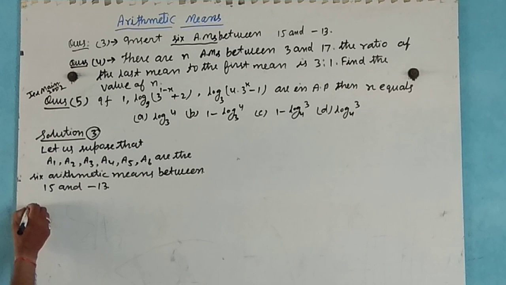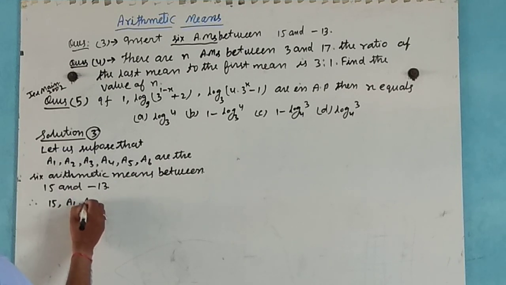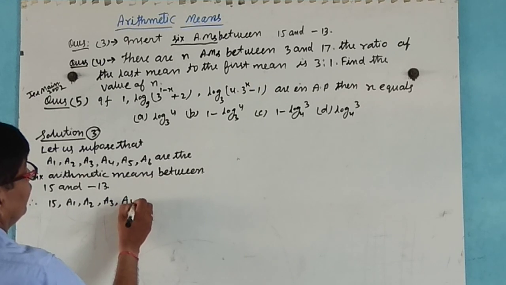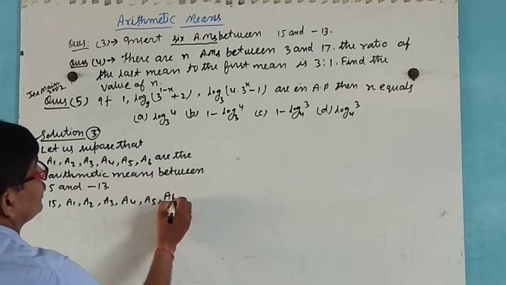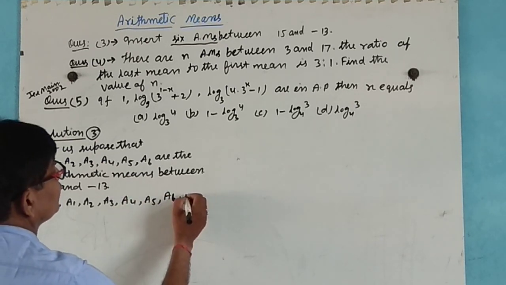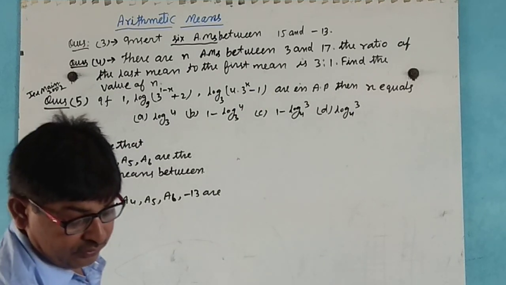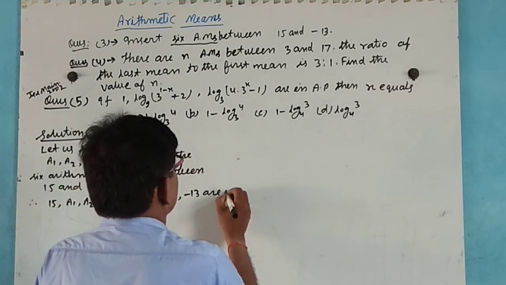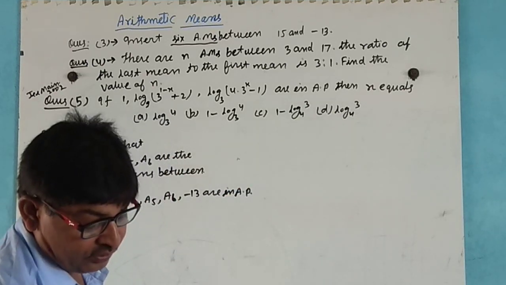So that 15, A1, A2, A3, A4, A5, A6 and minus 13 are in AP, arithmetic progression.